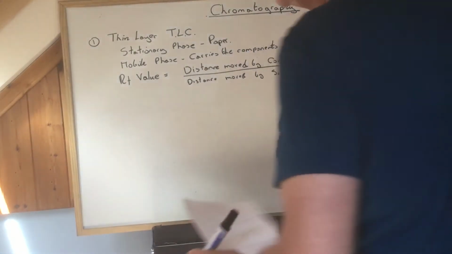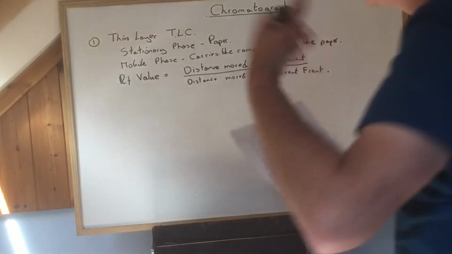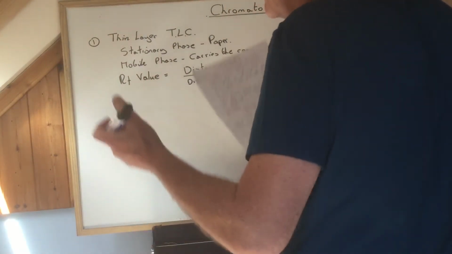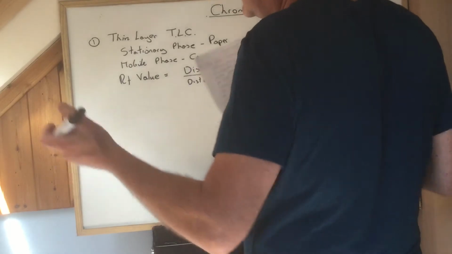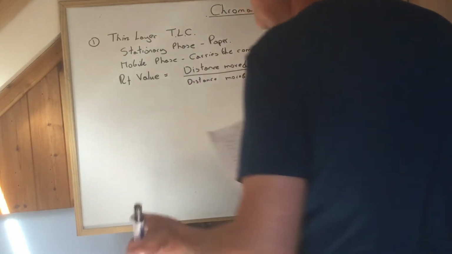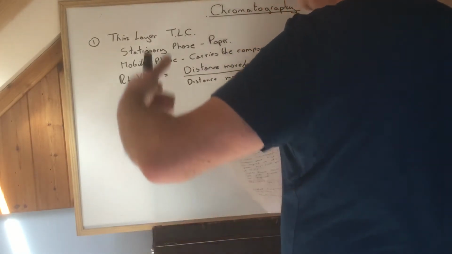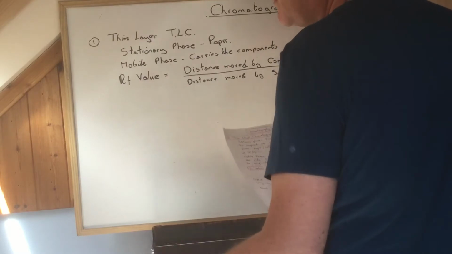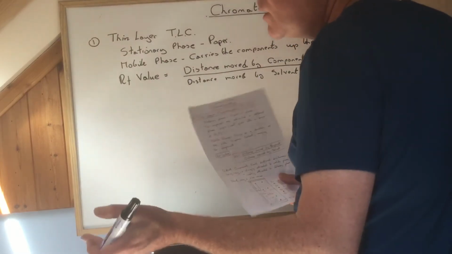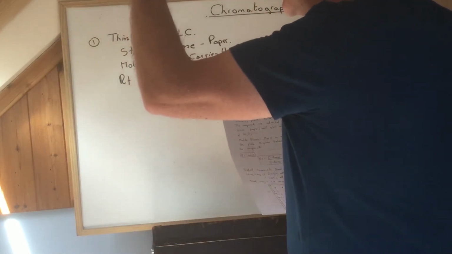So the premise of thin layer chromatography is basically this: different components travel different distances. So you put a blob of a mixture like ink. Ink is made up of maybe different components, different dyes, different colours. They will have different levels of solubility. They will be pulled up the stationary phase by the solvent, and if they're strongly attracted to the mobile phase, the solvent, they'll be pulled all the way to the top.